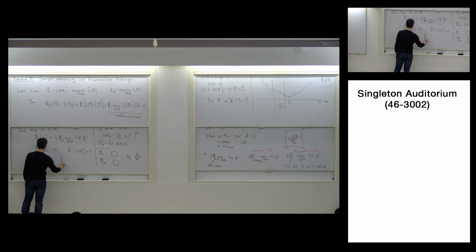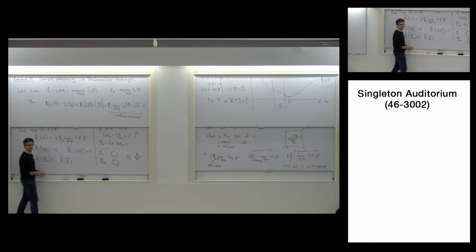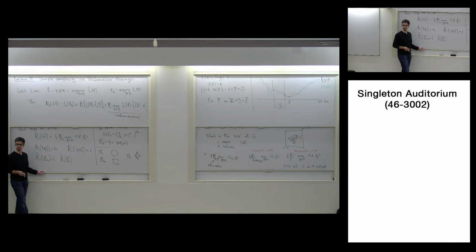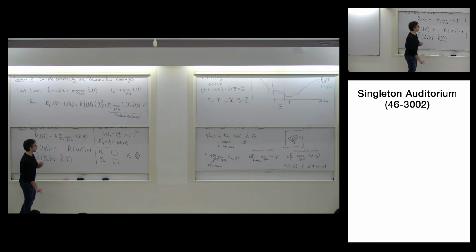How about R hat of B_n 1? 1 over n, correct. It's 1 over n. So let's see how you see that.